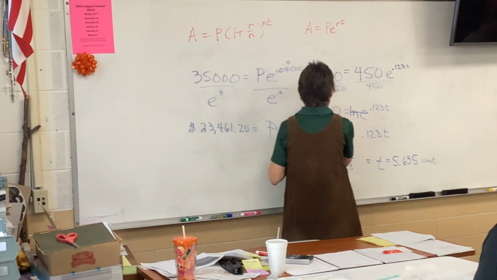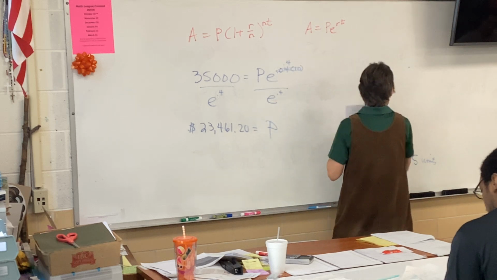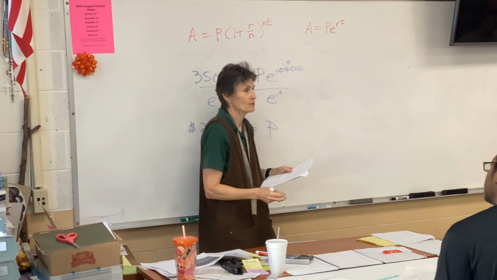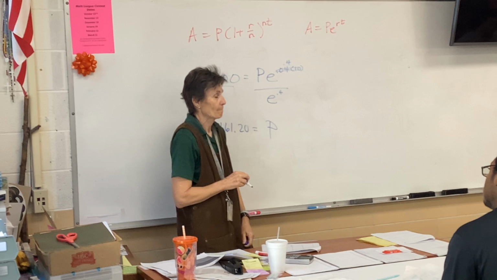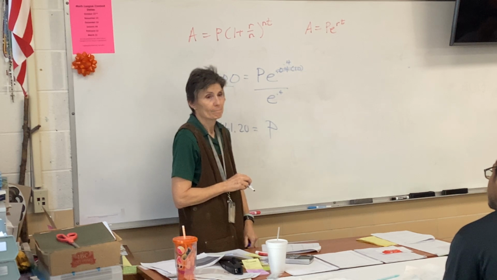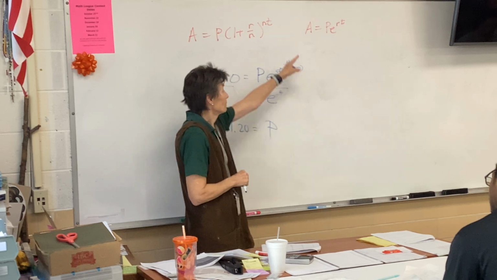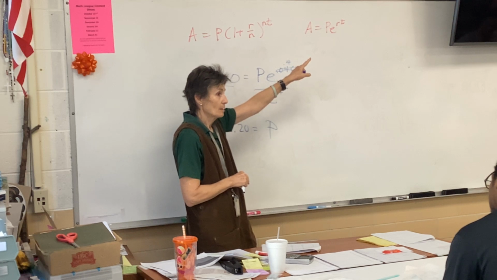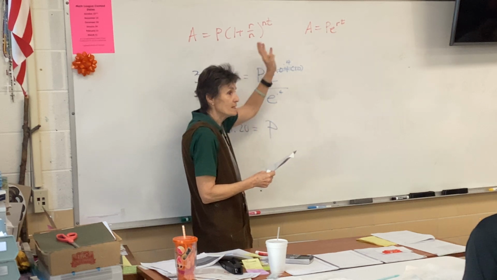Next, find the decay constant of an element if its half-life is 10.2 years. Which formula? Let's start with that. That one, right? Because this is not money. Okay, so tell me what we know.